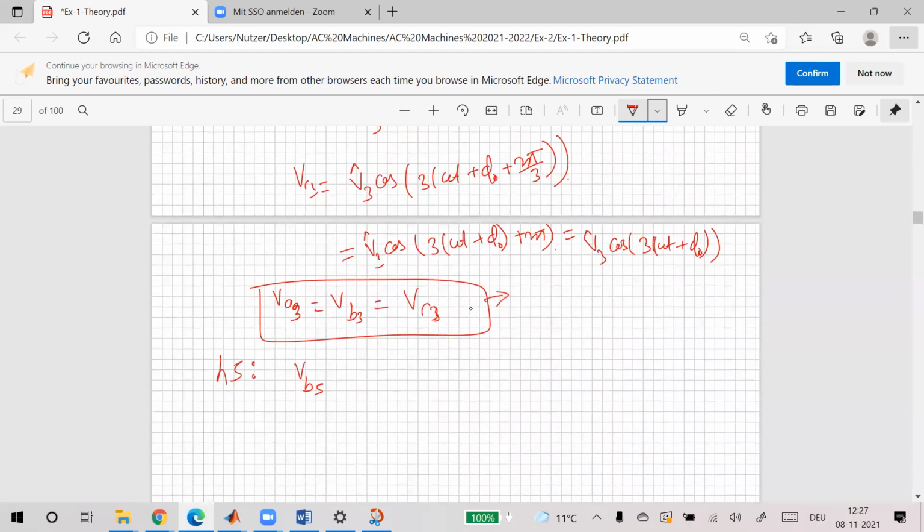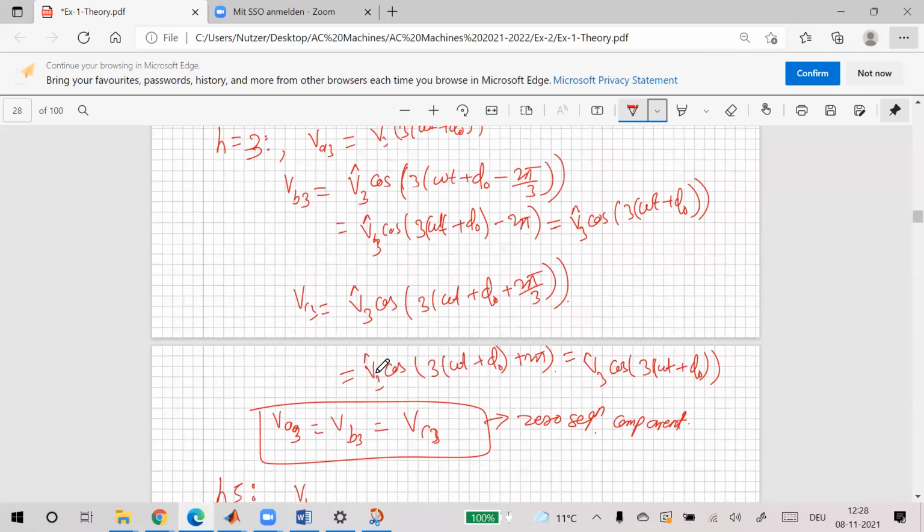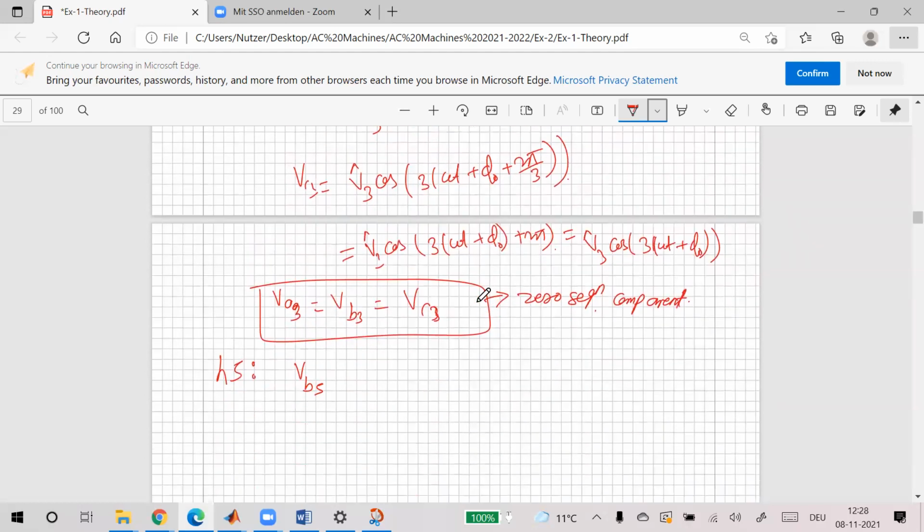So I would say zero sequence. But this is interesting, I tried to do this math here and it turns out like this. And then let's see our fifth order harmonics.